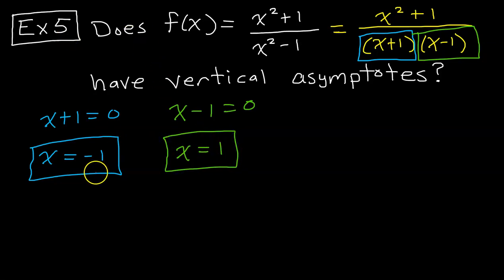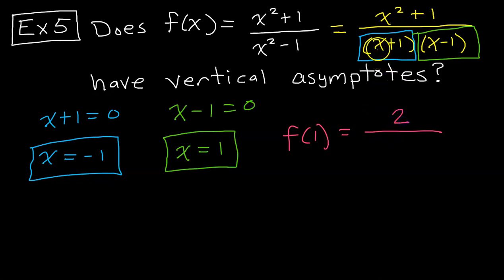Now, I mentioned that values that cause a 0 in the denominator only will be a vertical asymptote. So just for example, let's look at x equals 1. Imagine that we do f at 1. What would happen? So x is 1, so that would be 1 squared plus 1, which is 2 in the numerator.